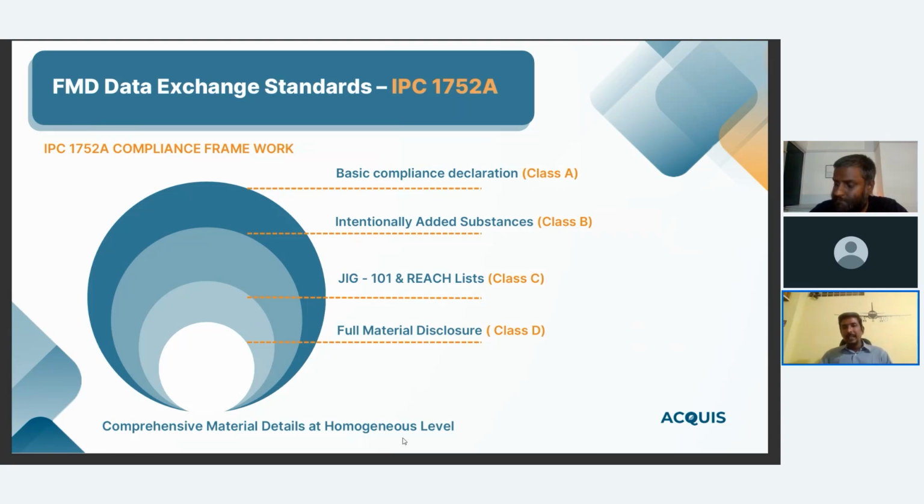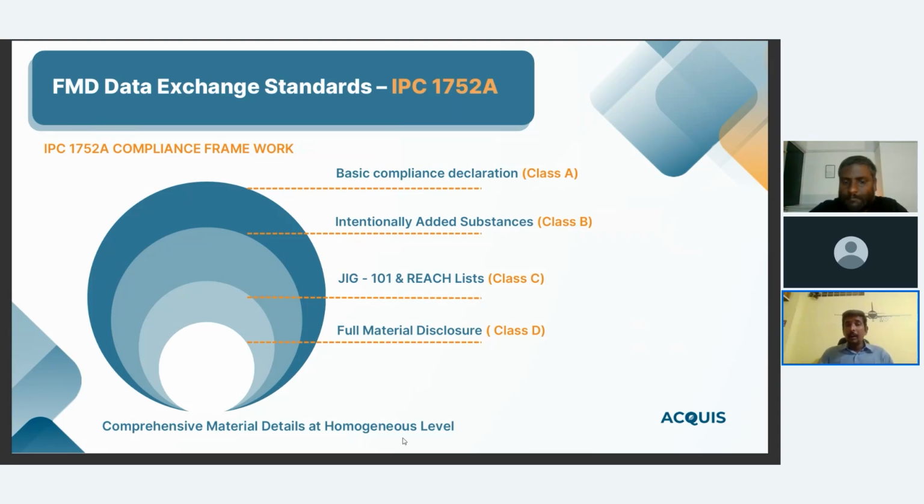The class B is a little more informative, where the suppliers can also include the substances which are intentionally added to the product, as well as substances which are maybe present above the threshold level for the list, right? They can proactively identify and declare that in the class B version if you use the IPC 1752A standard.